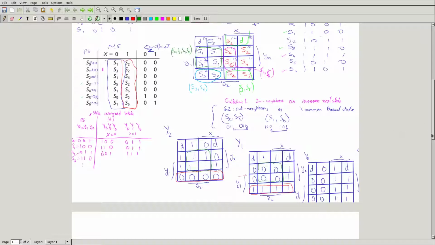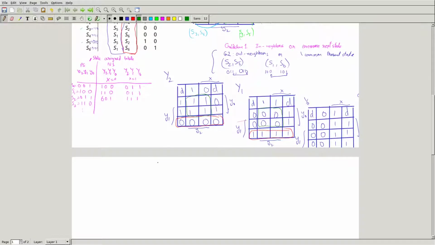So now we can read off our expressions for next state, and if we are doing a D flip-flop, then D2 is Y2, and Y2 can be written in terms of groups of 4.